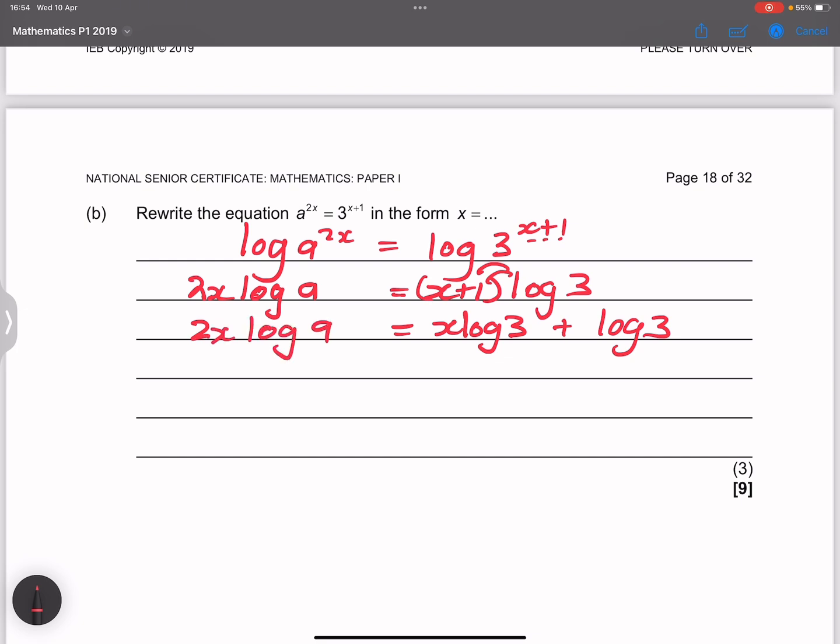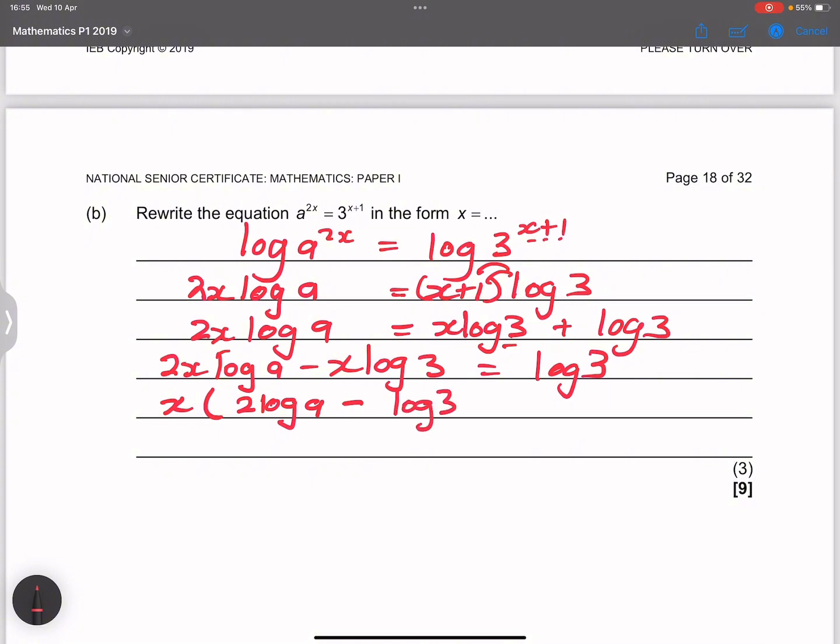So I've got two expressions there with x. So I've got 2x log a minus x log of 3 is equal to log 3. So if I take out x as a common factor, I've got x times 2 log a minus log 3, which is equal to log 3.